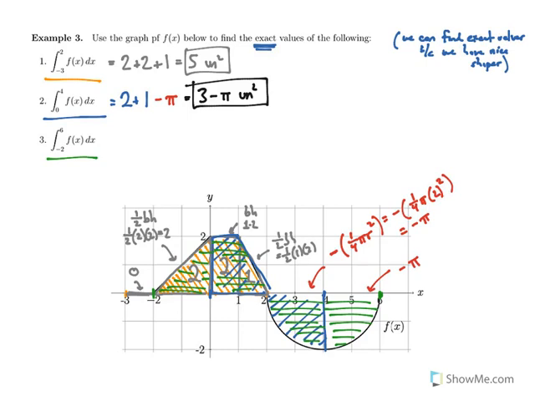So total, we're going to have a 2 plus 2 plus 1, and then a minus 2 pi, or a total of 5 minus 2 pi units squared. So we have nice shapes like triangles and rectangles and circles. We can find the exact values of these areas. But of course, we're going to deal with functions that don't have that. And we're going to really explore that more in the next section.